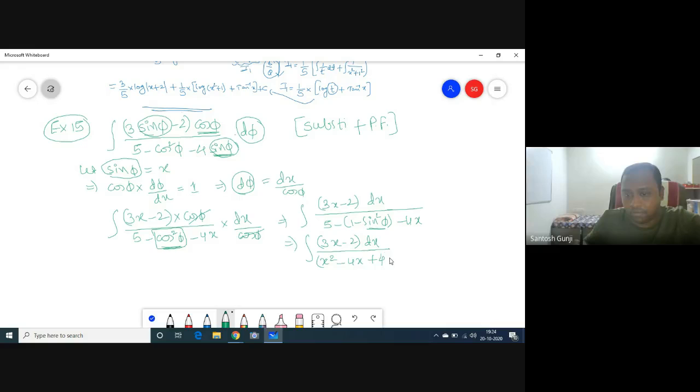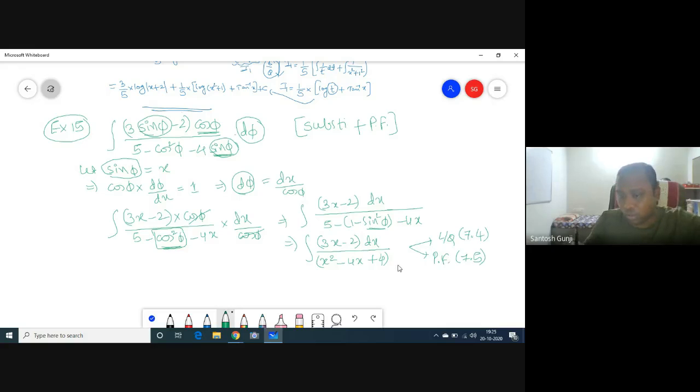Now friends, you can see the denominator here is completely factorizable, right? You can go with the partial fraction technique again, or else you already studied how to deal with this type of sum by using the linear upon quadratic technique, which you have already studied in exercise 7.4, or else we can use the partial fraction method, PF method, so you can go with the 7.5 technique.